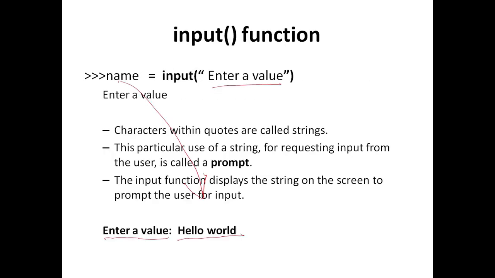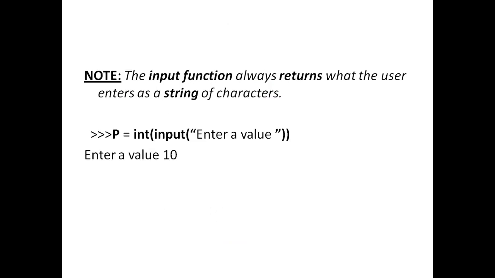The input function will always return a string value. So whatever the value you give it, it will always return a string value. So if you need an integer value, you have to typecast this value. Like in this example, we have again written the same prompt string, "Enter a value", but before the input function, we have written the int function.